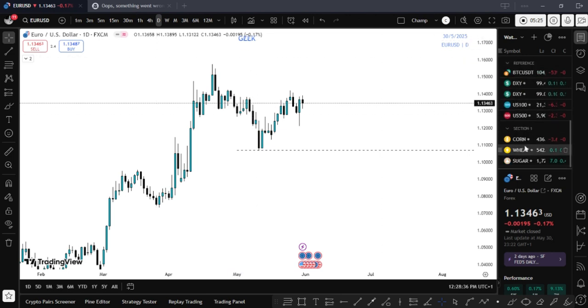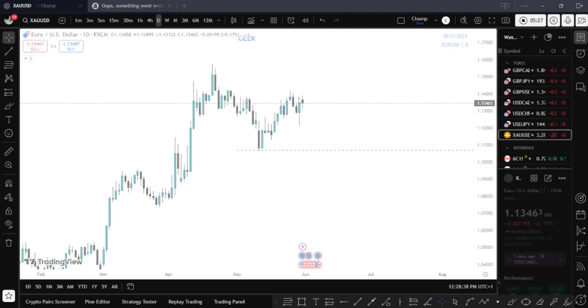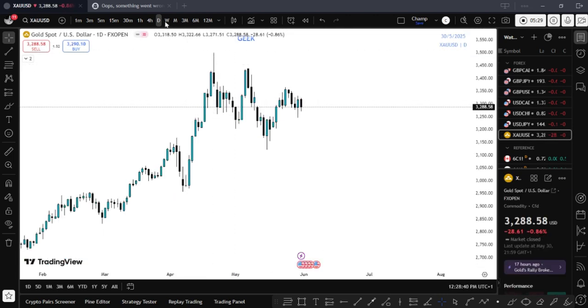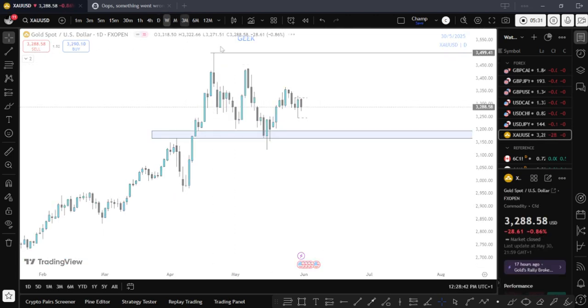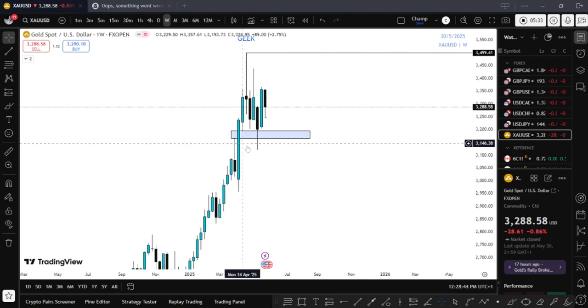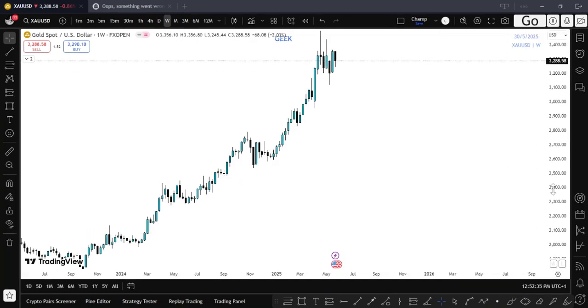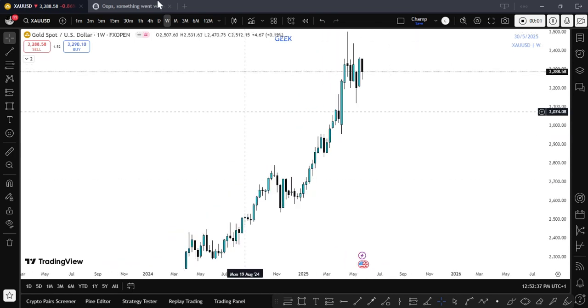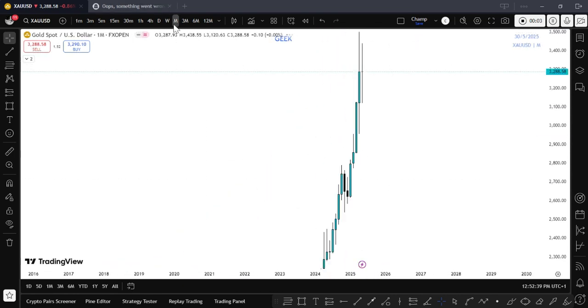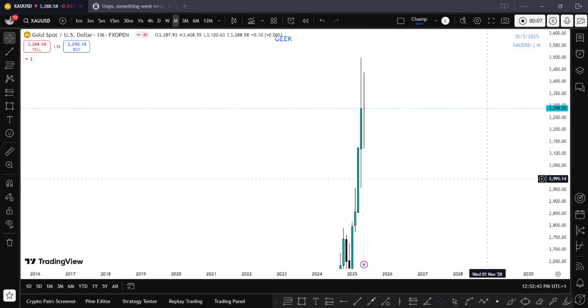For gold, gold was already giving me a sign of selling. It was inside of a daily bearish fair value gap. I can start with this on the weekly chart. For gold, XAUUSD, a pair for big boys, we already look at it from the monthly chart.